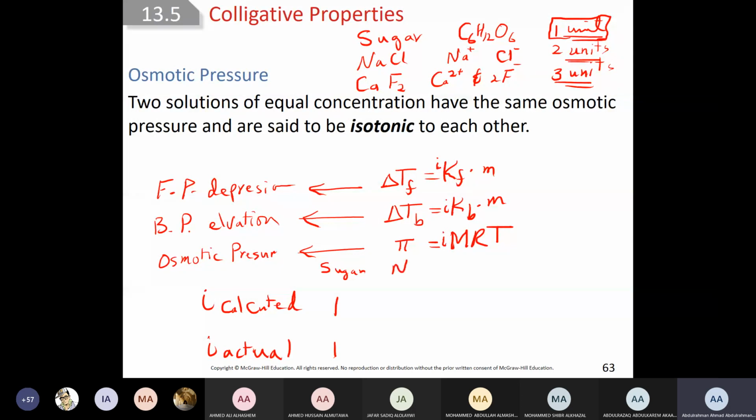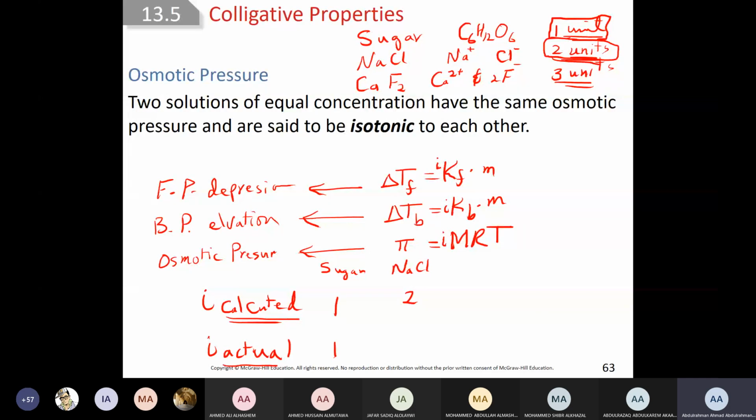Let's talk about NaCl. I calculated here, how many units is this? 2. But are we going to see it too? Usually, maybe it will be very close to 2, but usually we find it is less than 2. Why is that? Calculated, we calculated as 2, but actual it will be less than 2.